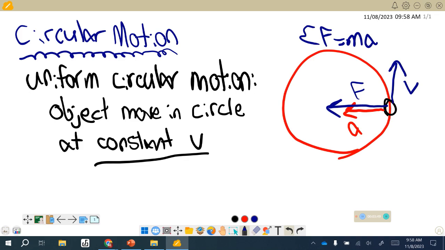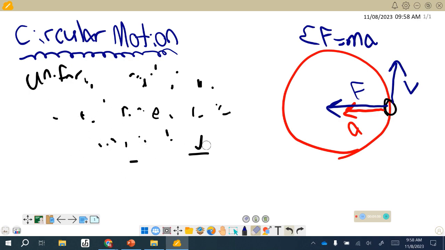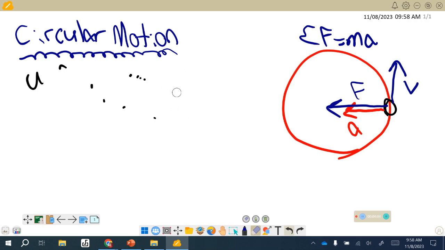Now, this force and this acceleration, they have special names that we give them when the object is moving in a circle. Let me open up some space over here to write down some definitions for these special forces and accelerations. This force, we call it the centripetal force.